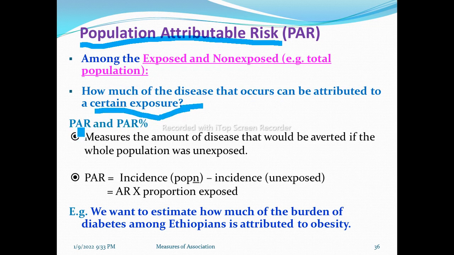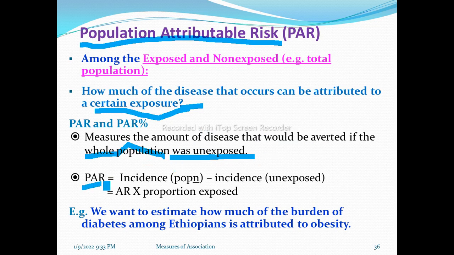Population attributable risk and population attributable risk percent are measures of the amount of disease that would be averted if the whole population was unexposed. The whole population is different. They measure the amount of disease that would be prevented if the whole population was unexposed to that exposure or risk factor.